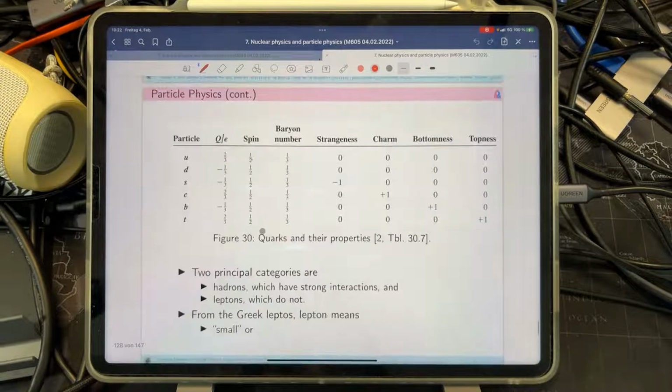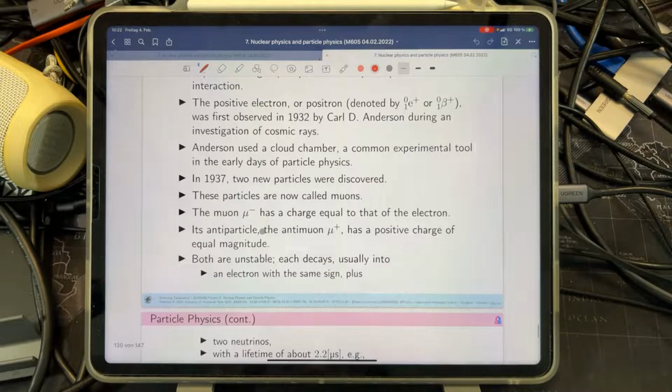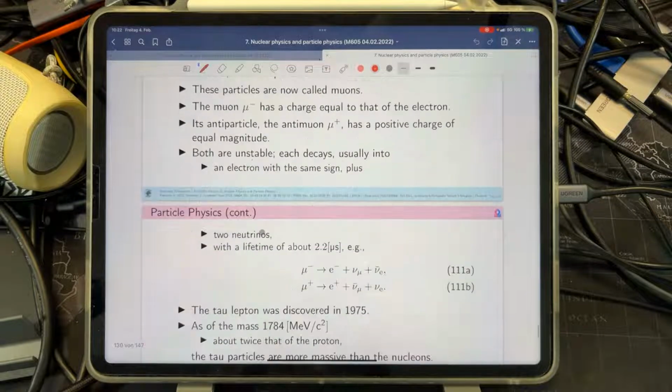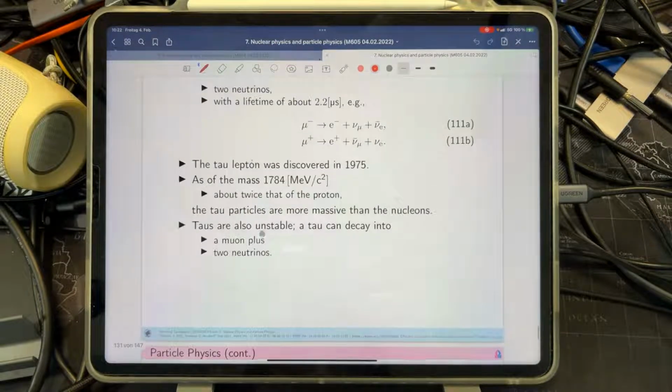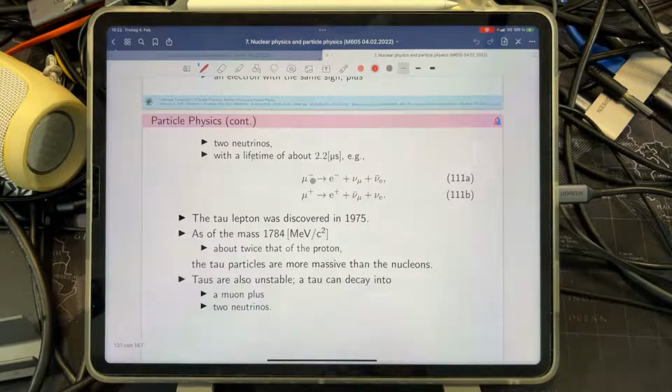Yes. Muon minus will decay into an electron, the neutrino for the muon, and the antineutrino for the electron.